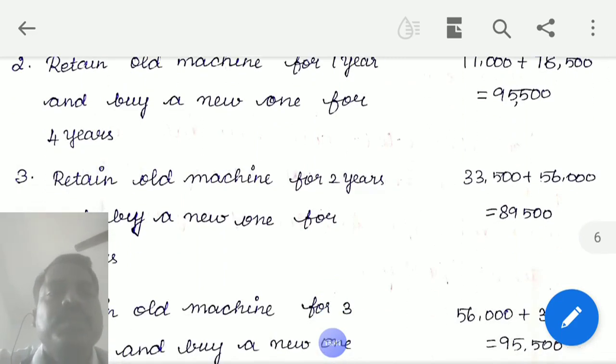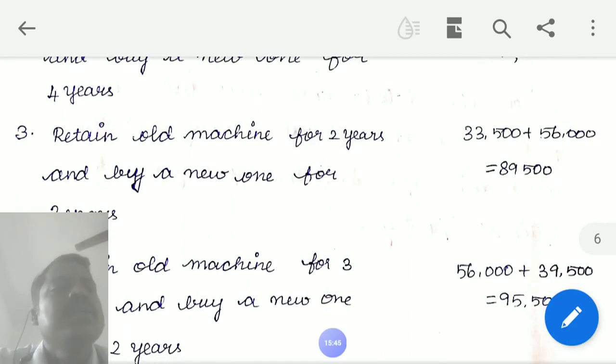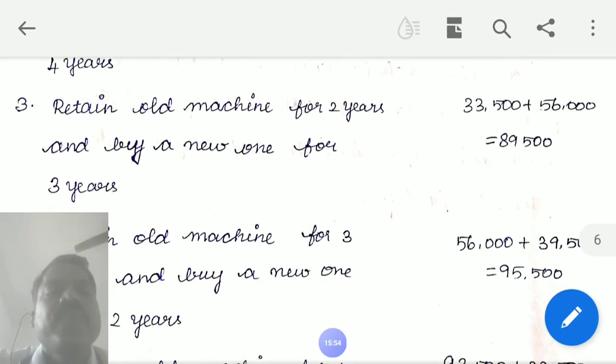Therefore, the third policy is the best economic optimal policy. That means retain old machine for 2 years and buy a new one for 3 years. This policy is the optimal policy of this problem.